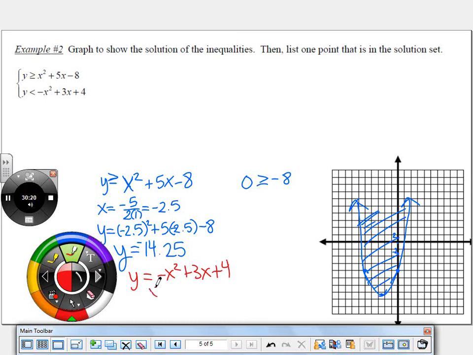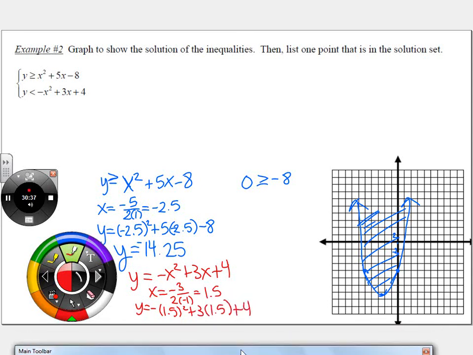We'll see if our calculations are the same. So I believe the vertex is at 1.5, 10.75.